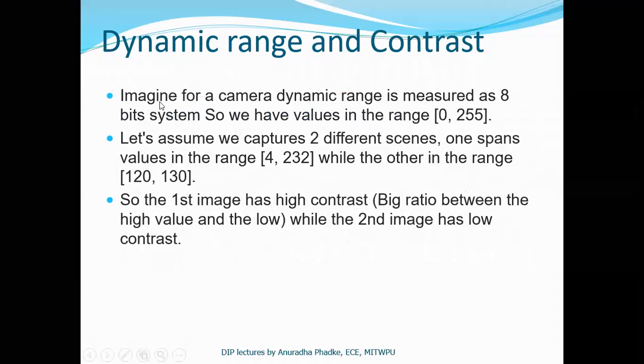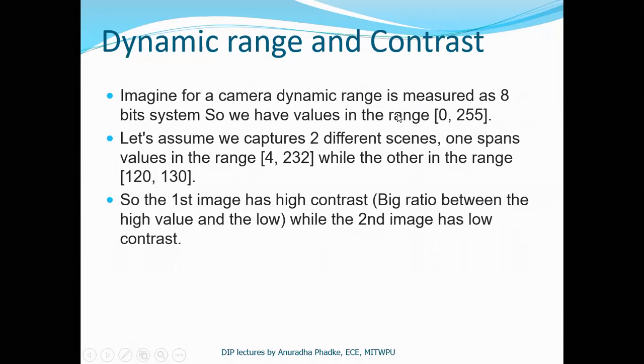So say you have a camera with a dynamic range given by 0 to 255. If your camera represents images in 8 bits, we can say its dynamic range is from 0 to 255.